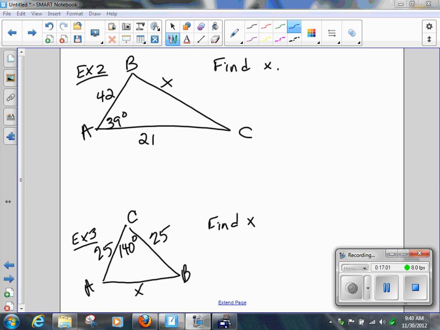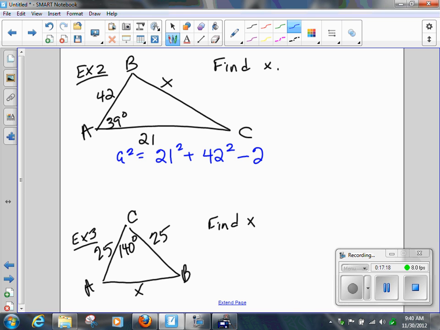Do both of those. Guys, which formula will I use for example 2? A squared, okay? All right, you at least need to set it up. A squared is equal to, is it 21 squared plus 42 squared minus 2, parentheses, 2 times 21 times 42 times cosine of 39. Is that right?